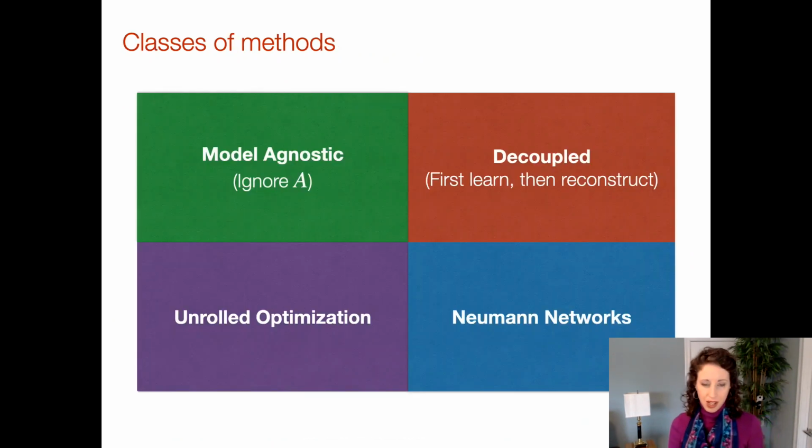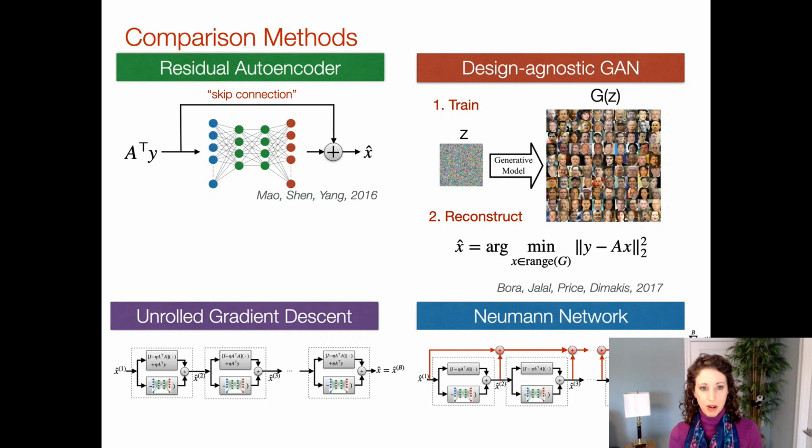So far, we've seen these 4 different categories of methods, and now what we're going to do is just see a representative from each category in action empirically. So in particular, for these agnostic methods, we're going to consider a residual autoencoder. It's not quite as agnostic in this case as I had led you to believe, in that the input does depend a little bit on the true forward model A, just to make it the most generous comparison that we could.